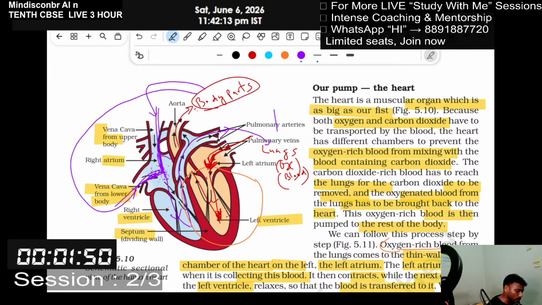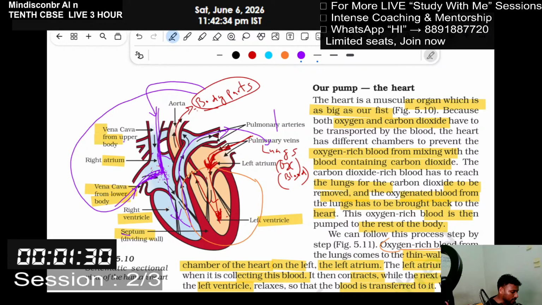Thus blood flows from the right atrium to the right ventricle. And when the right ventricle contracts, the right atrium relaxes, and at that time blood comes back from different parts of the body to the right atrium.